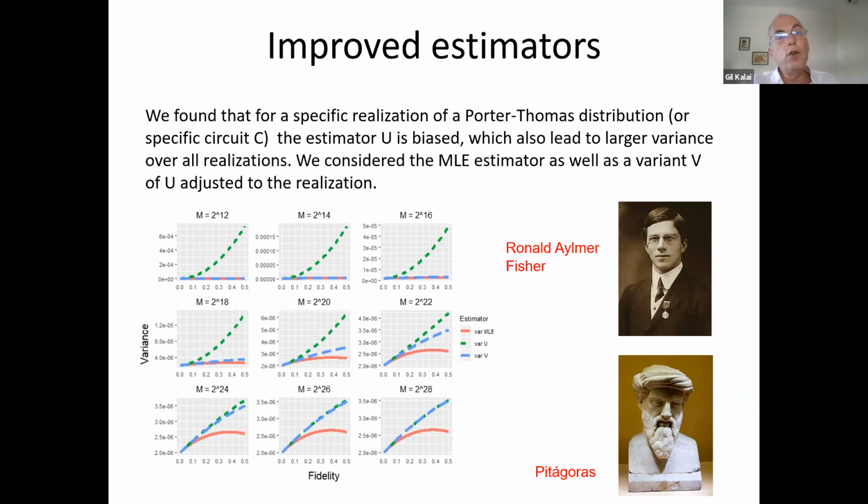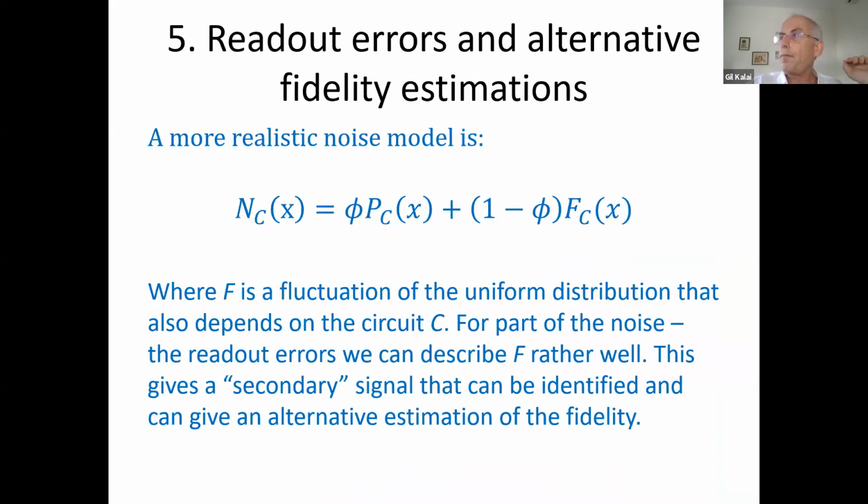And even U itself can be improved when you take the realization into account, to another estimate, which we call V. But when the number of bits is larger and the fidelity is small, then the behavior of all these estimators is quite similar.